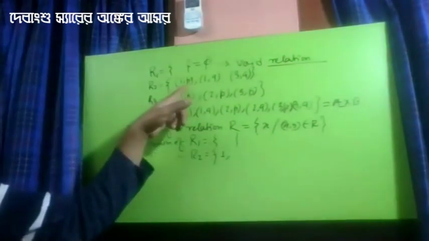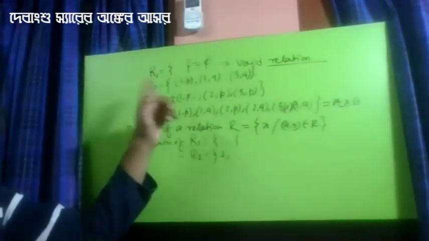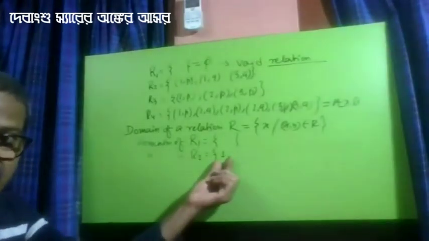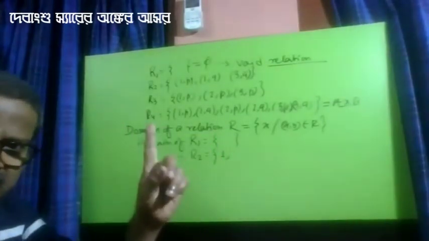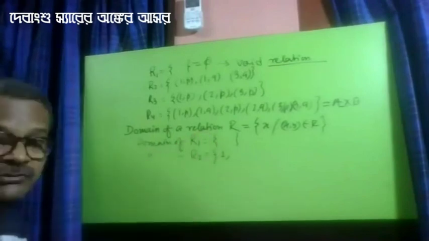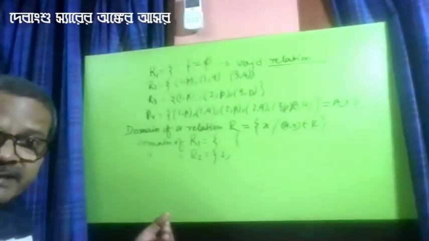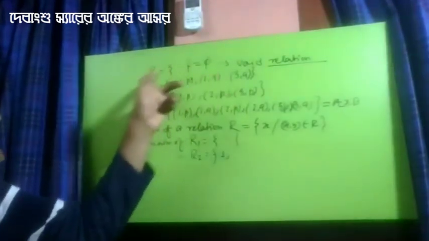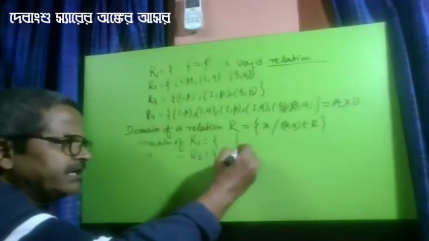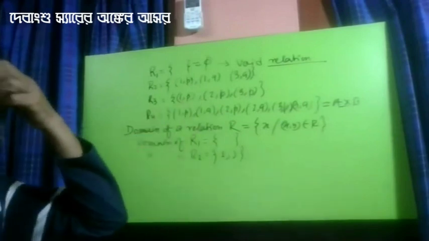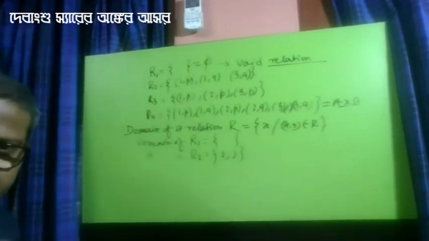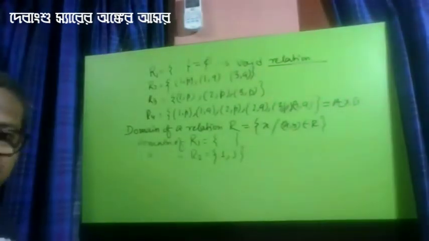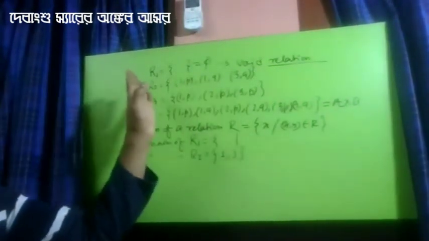Since 2 elements are there, 1p and 1q, with 1 as first element, you have to write 1 only once, because we know that in a set, no element repeats. Now see, 3q is in R2. So 3 is here. So it is the domain of R2. Now see, 2 is not included in R2 because there is no ordered pair which starts with 2.